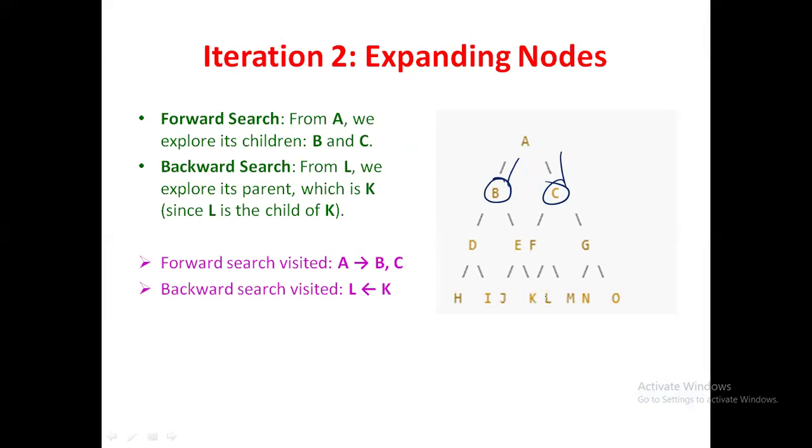What is the parent of L? The parent is K, as L is the child of K. At this stage, the forward search has visited A to B, C. The backward search has visited L to K. Since there is no overlap between the forward and backward search frontiers, the search continues.